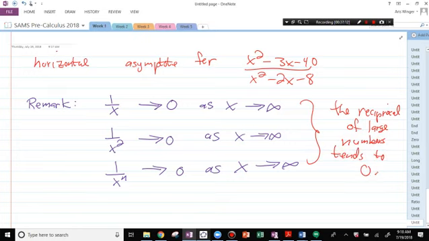I have something really big, flip it, the whole thing's going to be really small. We're going to use that here for me to try and convince you that when x is large, that gets really close to 1.